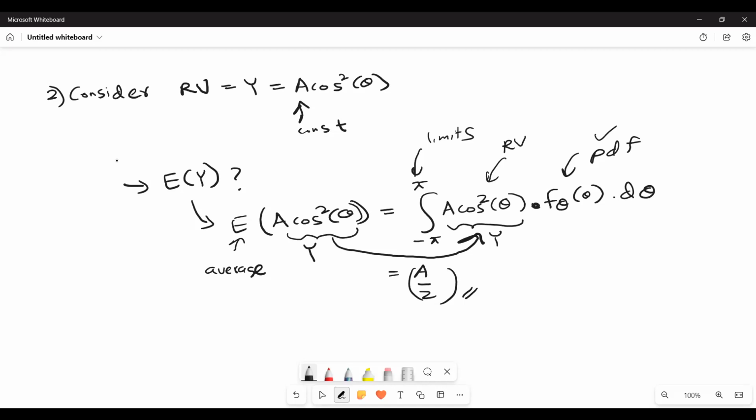So this is how the expectation operation is defined. The expectation operation is very frequently something that we want to find out regarding a random signal. We want to know what is the average value that the signal can take.